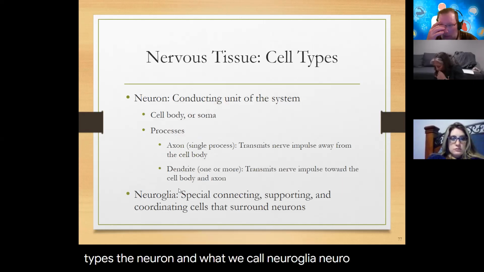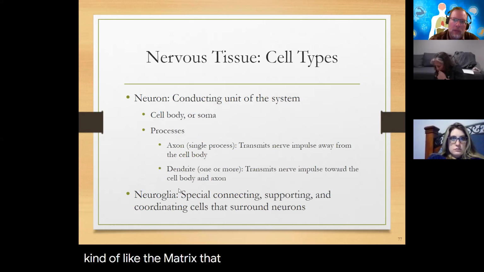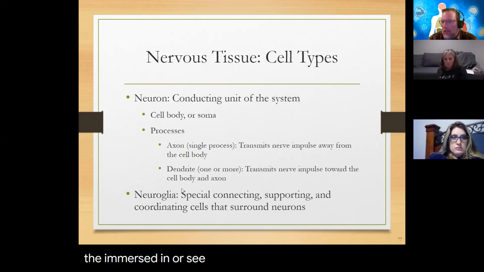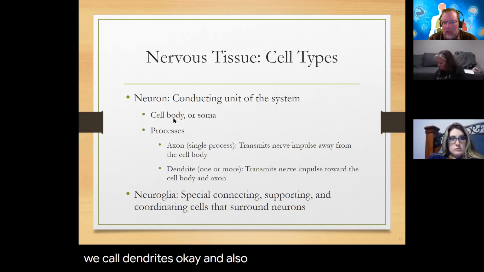Neuroglia is kind of like the matrix. That's that negative space that the neurons are basically immersed in or supported by. All right, a neuron has what we call dendrites. Okay, it also has a cell body, also known as a soma, and it has an axon.